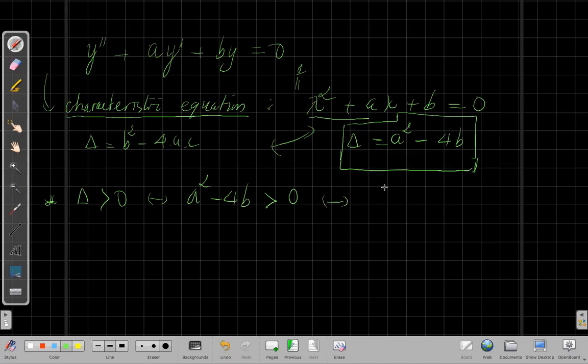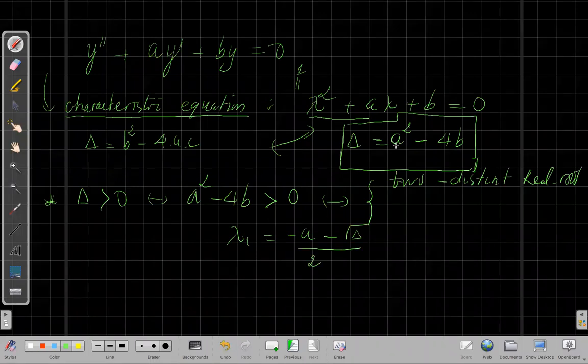In this case we have two distinct real roots: lambda 1 equal to minus a minus square root of delta, over 2, and lambda 2 equal to minus a plus square root of delta, over 2.